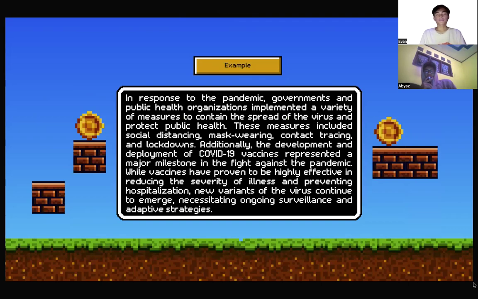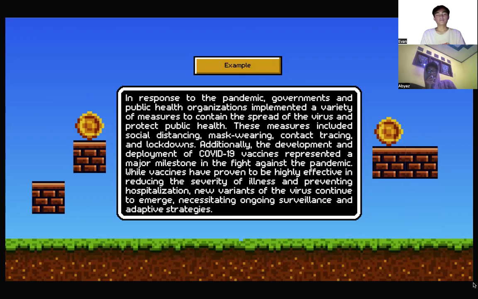Example: in response to the pandemic, governments and public health organizations implemented a variety of measures to contain the spread of the virus and protect public health. These measures include social distancing, mask wearing, contact tracing, and lockdowns. Additionally, the development and deployment of COVID-19 vaccines represented a major milestone in the fight against the pandemic.